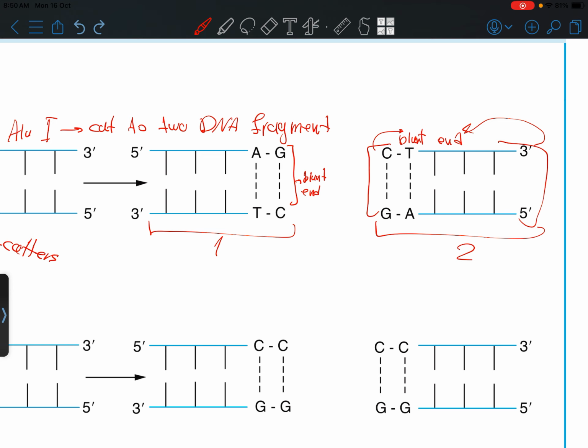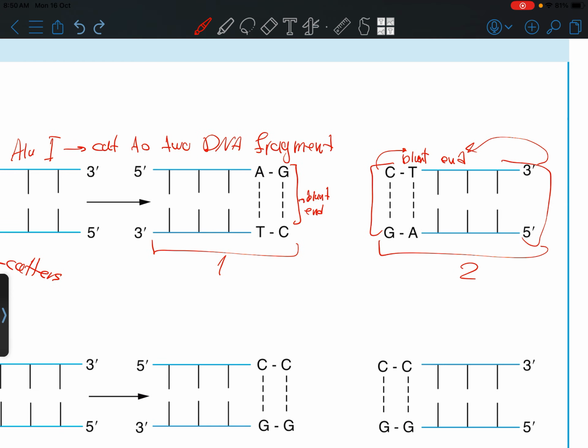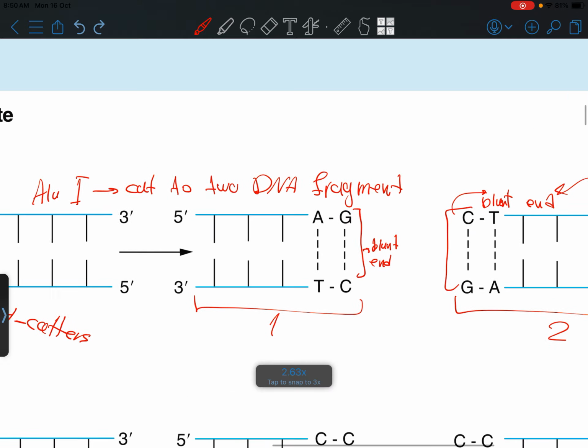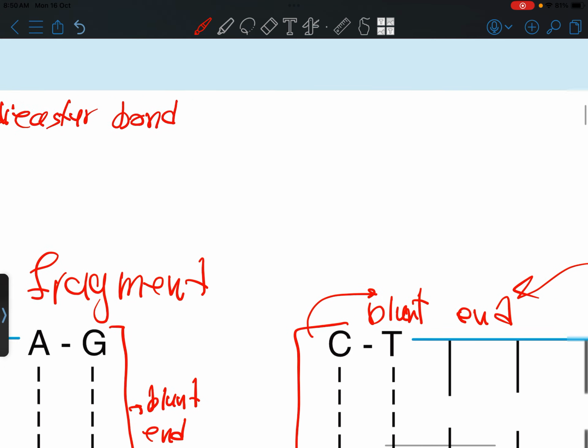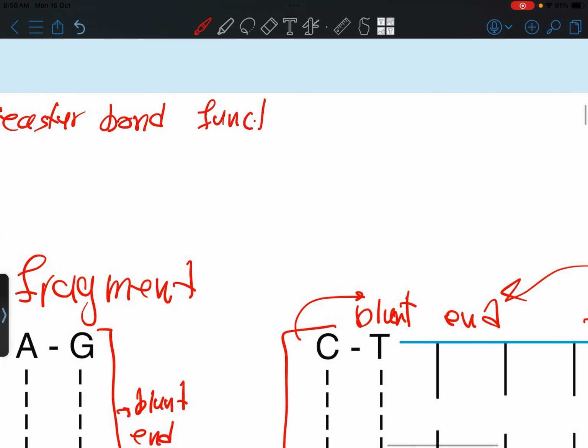Yes. So here you have to understand. This DNA fragment, it's a 5' end, which means it will have what? Phosphate. And here, OH. What about here? Phosphate. Here, OH.